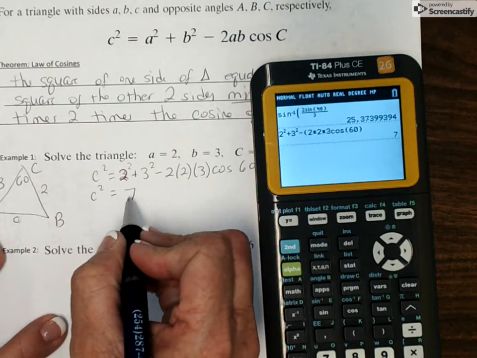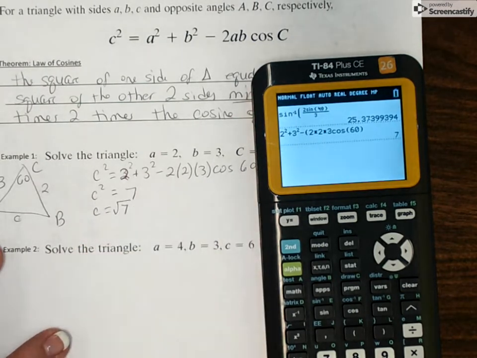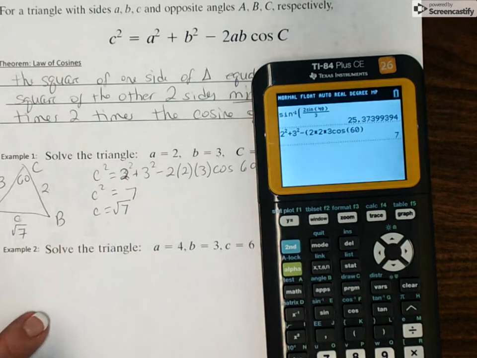So c squared equals 7, so c must equal the square root of 7, because we had to take the square root of both sides to solve for c. Okay, that looks good.